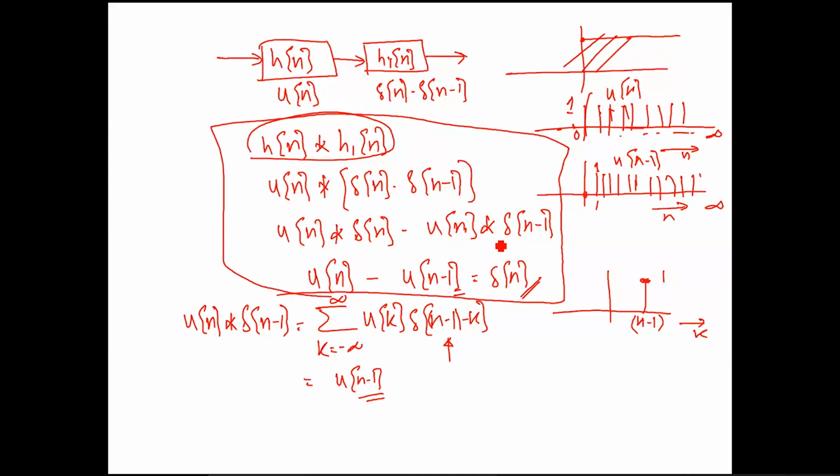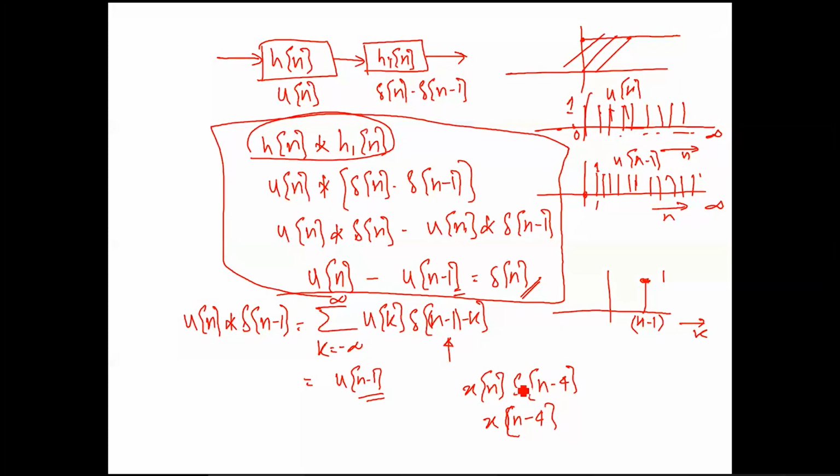And the second thing I just explained separately also, that why convolution of u of n with delta n minus 1 ends up giving you u of n minus 1. So as a general rule, convolution of any x of n with an impulse which is shifted, let's say n minus 4, will actually give us x of n minus 4. So this is what a shifted impulse does.